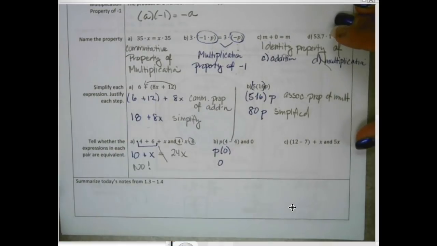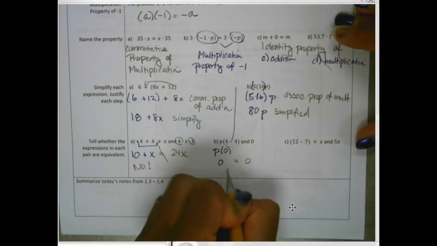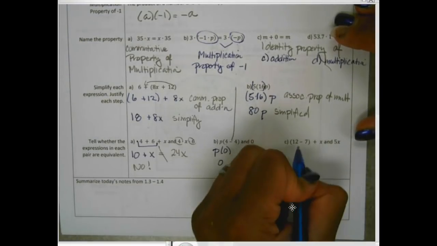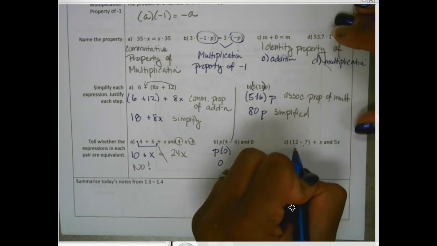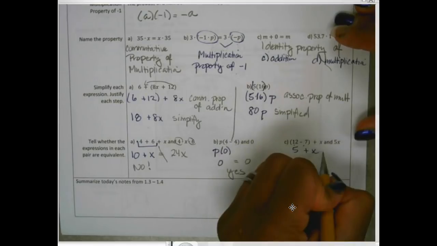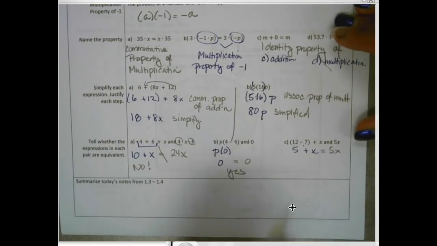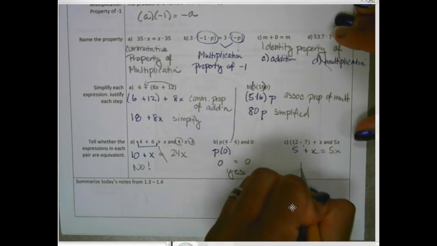So that's 0, because p times 0 is 0. Is that equal to 0? Yes, that is equivalent. Left side, 12 minus 7, order of operations, is 5 plus x. There is no way that that is equivalent to 5x, because one's plus and one's multiplying. So I'm going to say no.